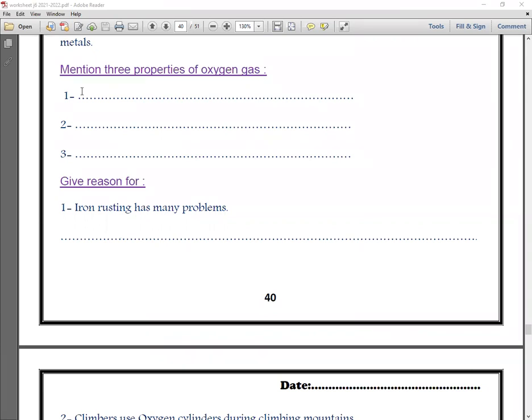Number 1, oxygen is colorless, odorless and tasteless.